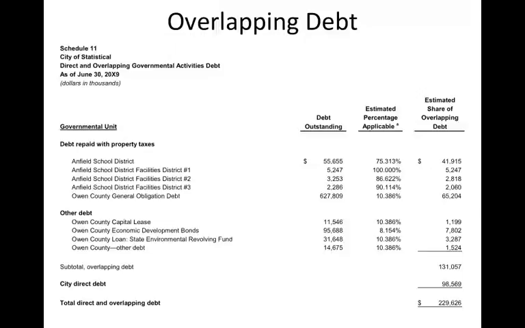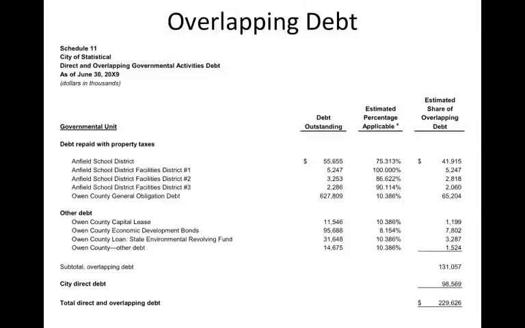And the same concept can be applied to debt, where you're looking at the debt that is issued by these governments that overlap geographically with the government you're interested in, and therefore is being repaid in part by some or all of the residents of the government you're concerned about.